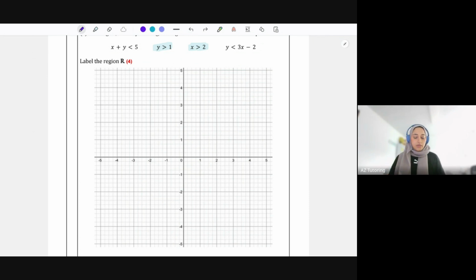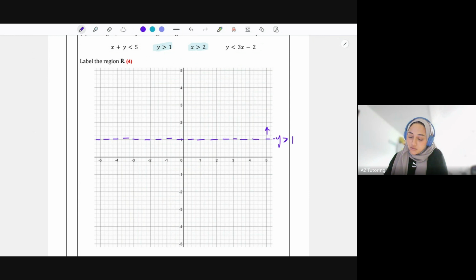So y equals 1 is over here. Because there's no equal sign underneath that inequality, I'm just drawing a dotted line. Please make sure you use a ruler for this. I'm just doing a rough sketch. So that's the line y is more than 1. If y is more than 1, it will satisfy above this line. So just keep that in mind.